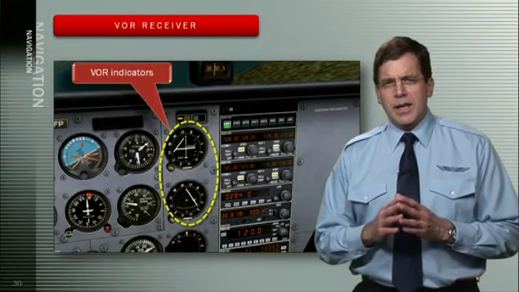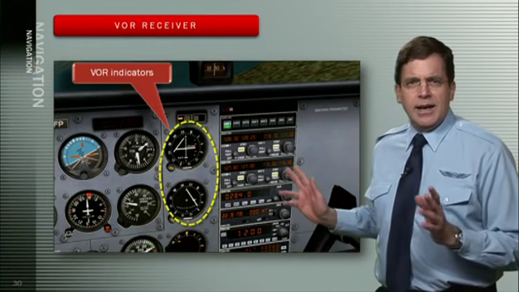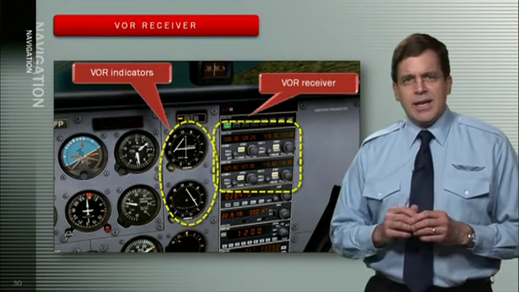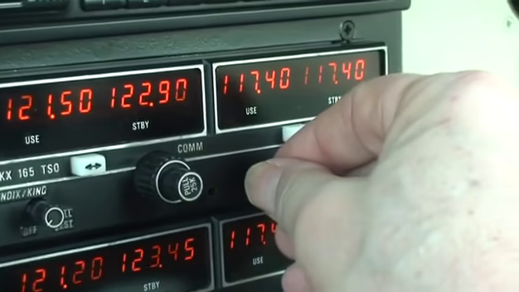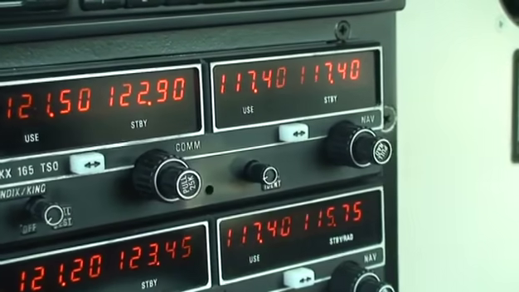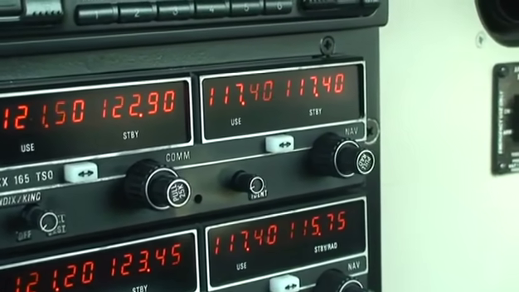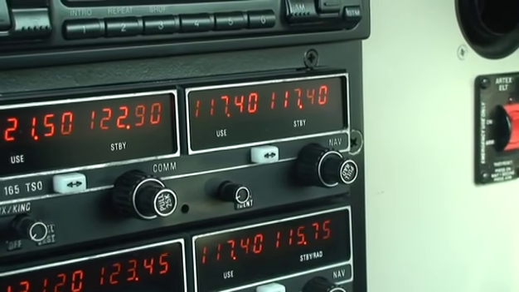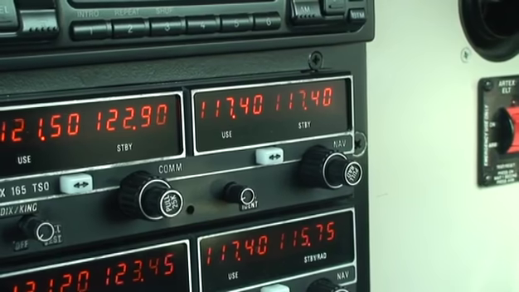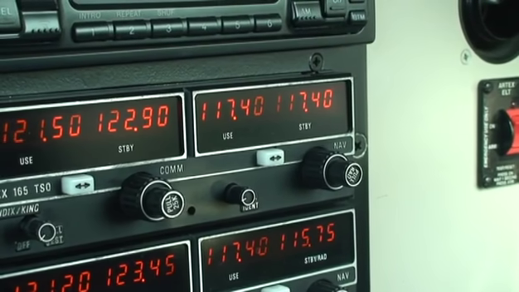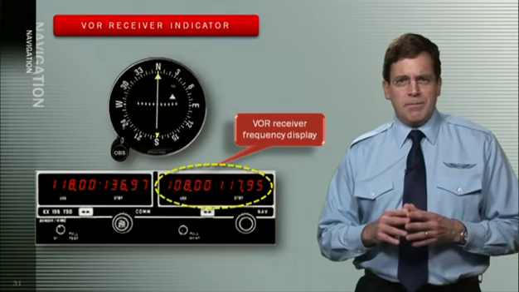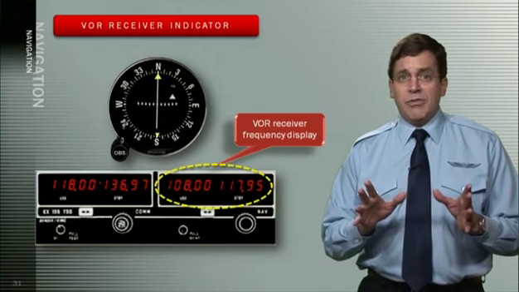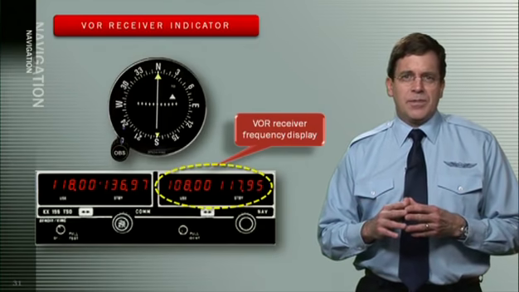The airborne equipment includes an antenna, a receiver, and the indicator instrument. The receiver has a frequency knob to select any of the frequencies between 108.0 and 117.95 megahertz. The on-off volume control turns on the navigation receiver and controls the audio volume. The volume has no effect on the operation of the receiver.